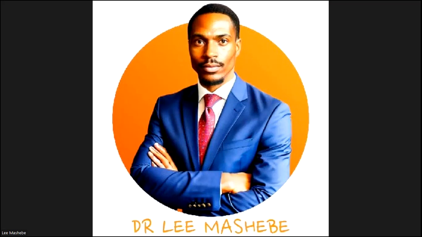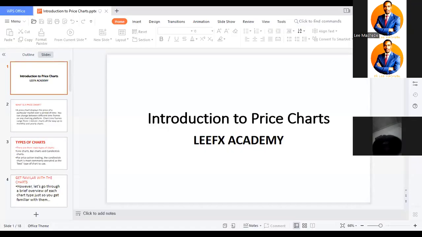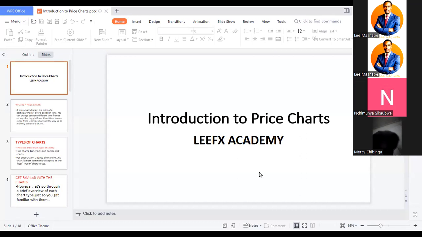Are you not able to see the screen? Black background. Okay, let me share again. We can now see the screen. You can now see the screen? Yes. Okay, which is good.